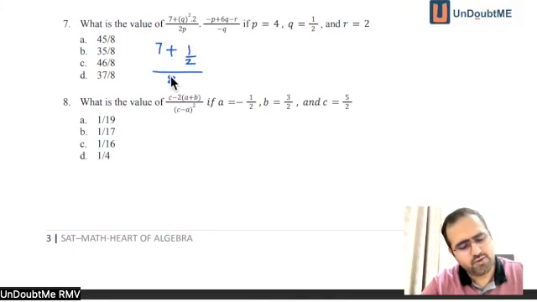Divide by 2p. 2p will be 8 times pi. Minus 4 plus 3 minus 2. Minus 4 plus 6 by 2 will be 3, minus 2. Divide by minus 1 by 2.